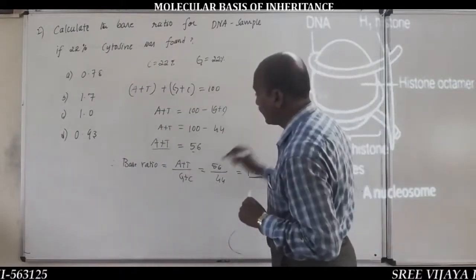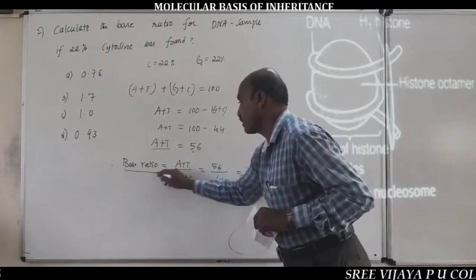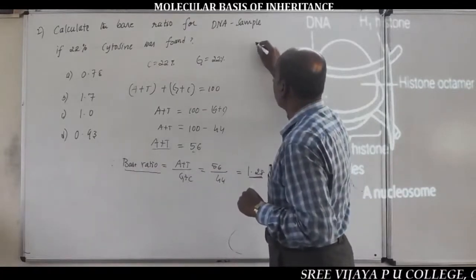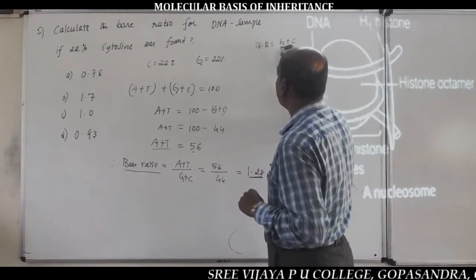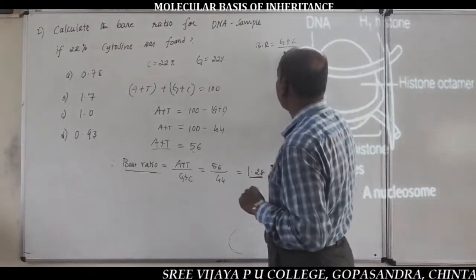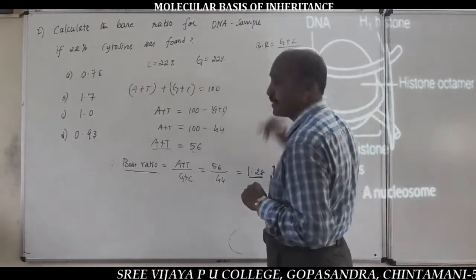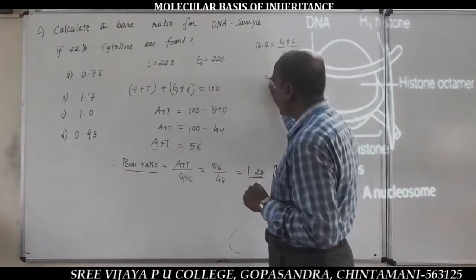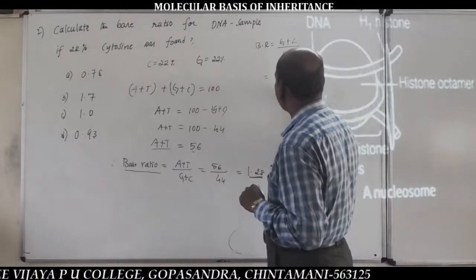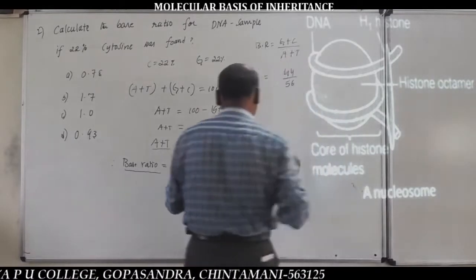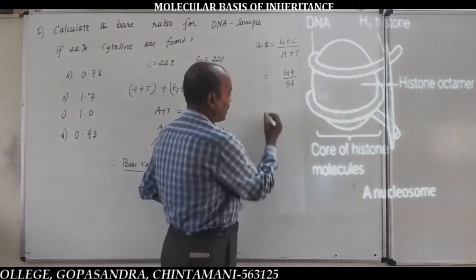Or in another way, the base ratio is also written as G plus C by A plus T, that is 44 by 56.